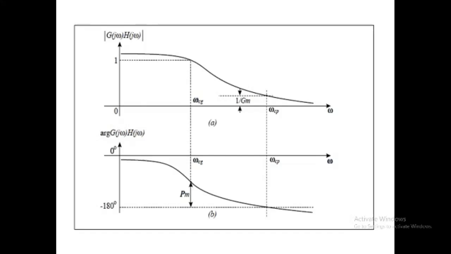For a feedback control system, these transfer functions are respectively given by: for the open loop transfer function, G(s) H(s), and for the closed loop system, G(s) upon 1 plus G(s) H(s), which is equal to M(s).